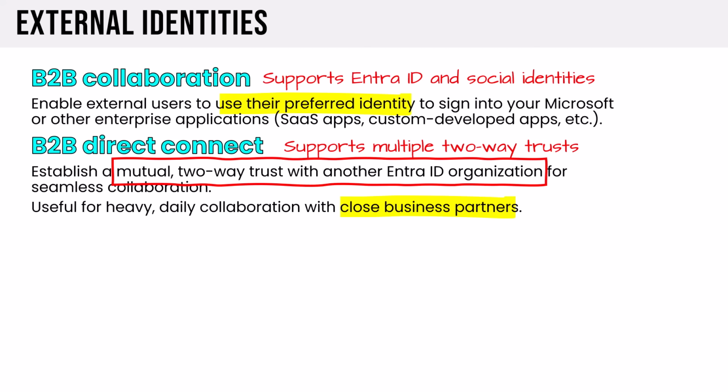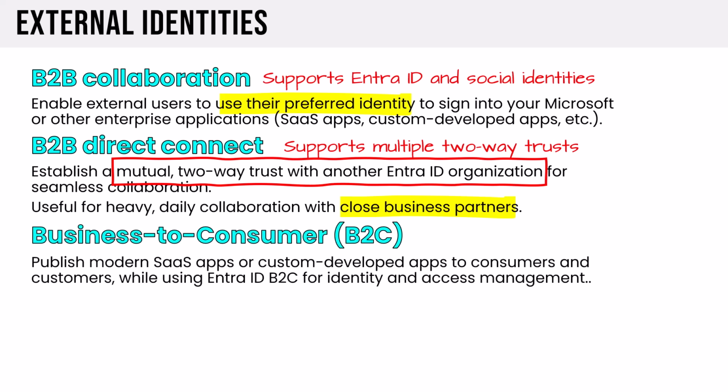ID organizations. And then there's business to consumer or B2C capability, which allows an organization to publish modern SaaS apps or custom developed apps to consumers and customers while using Entra ID B2C for identity and access management. This was called Azure AD B2C when we had Azure Active Directory before the rebranding.